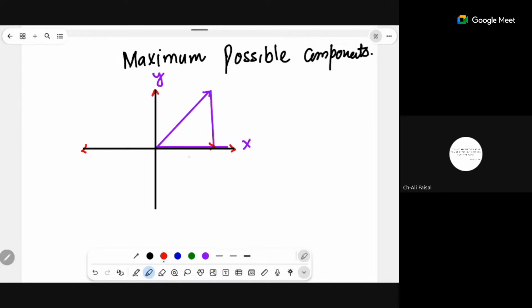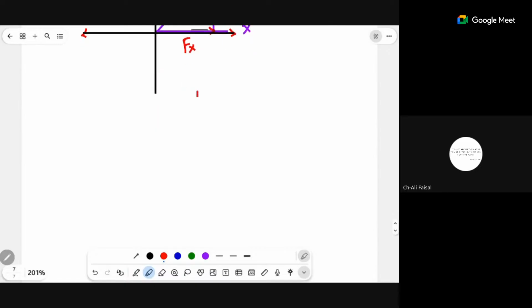One component will be, for example, this is your F, so this is your Fy, this is your Fx. But in a three-dimensional system, there would be more components, like three components. Remember this thing. For example, if there is a fan right here, what will be its position with respect to the ground?